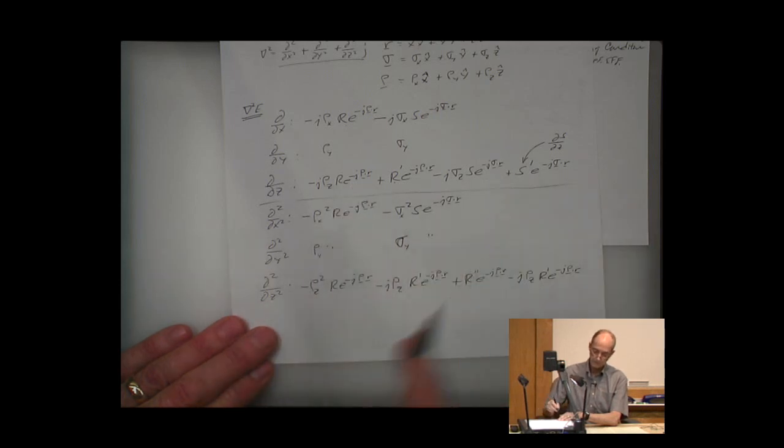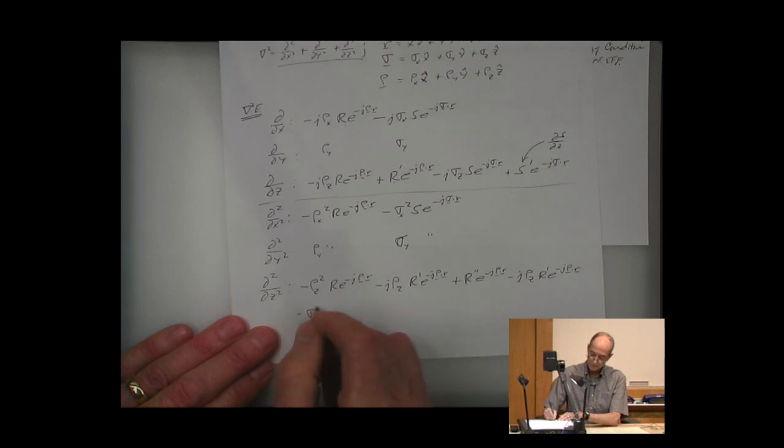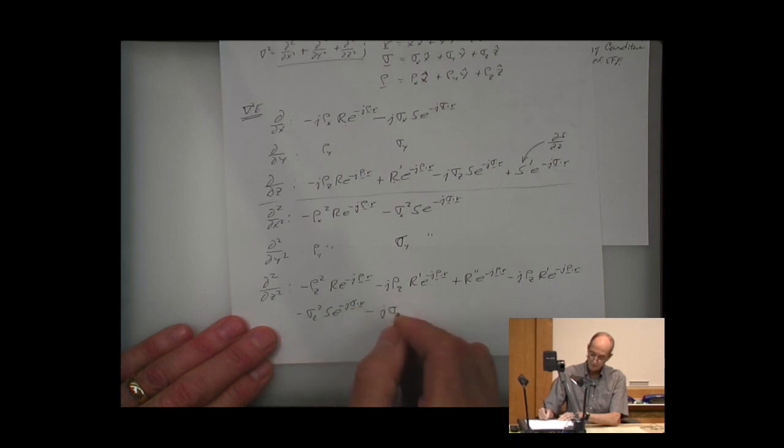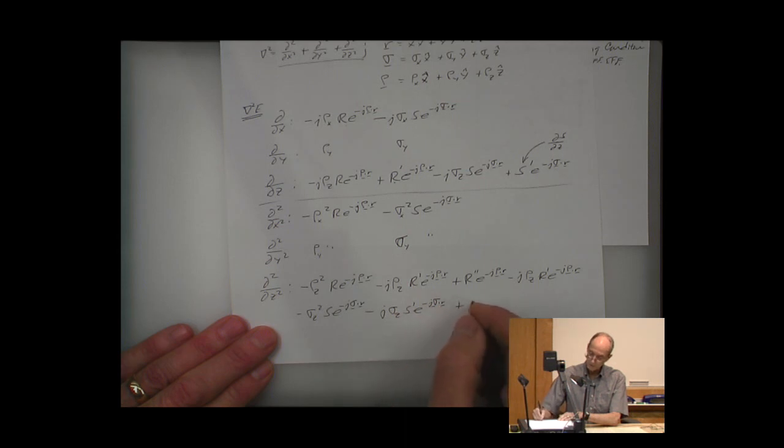Now we have that part for the s's. So kind of similar, minus sigma z squared s e to the minus j sigma dot r minus j sigma z s prime e to the minus j sigma dot r plus s double prime e to the minus j sigma dot r minus j sigma z s prime e to the minus j sigma dot r.